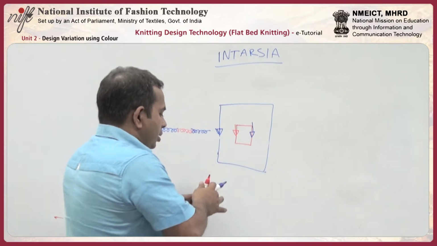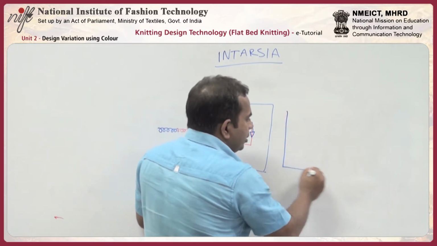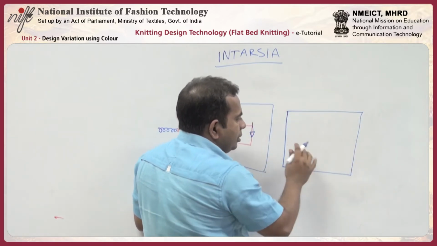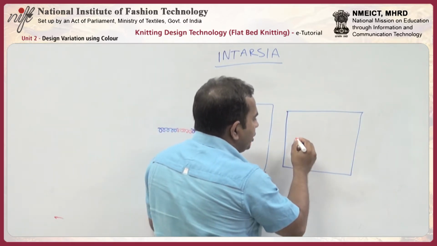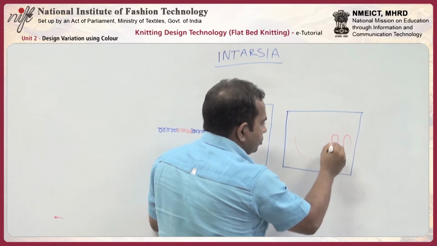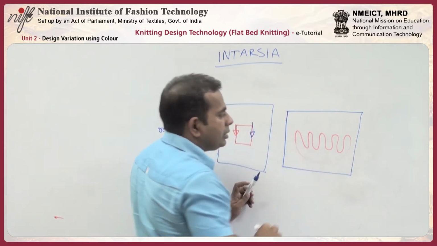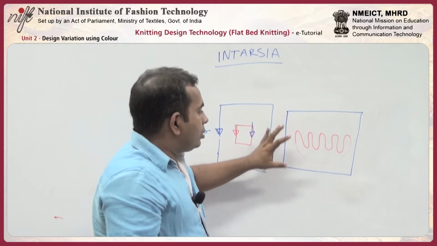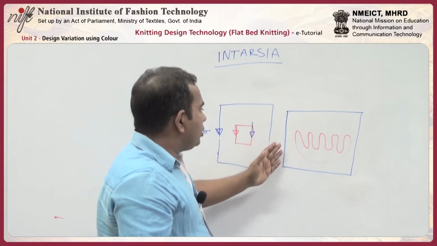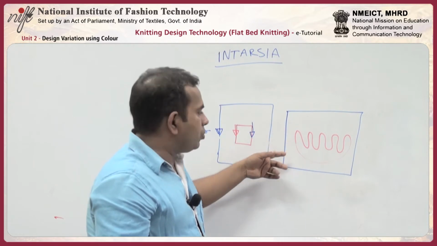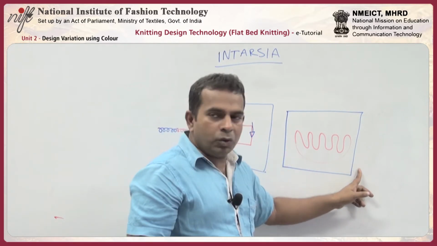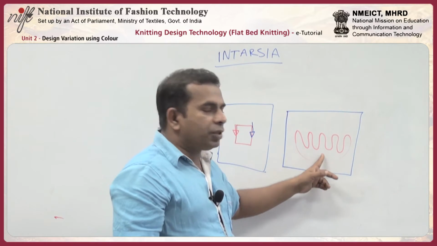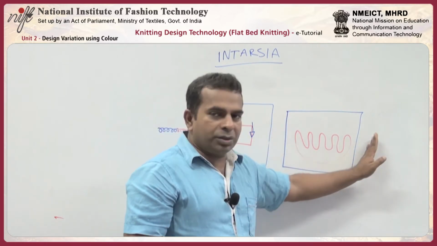So I will show you another example. Let us say there is another fabric with a design like this. If you want to knit this in jacquard, we just need two colors, two feeders. One will be knitting from here to here in blue color, and another with red color would be knitting from this to this.